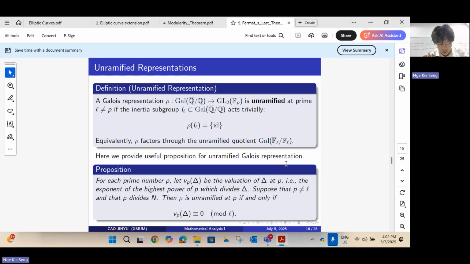The quotient group of the decomposition group by the inertia group is isomorphic to the corresponding Galois group. Yeah.